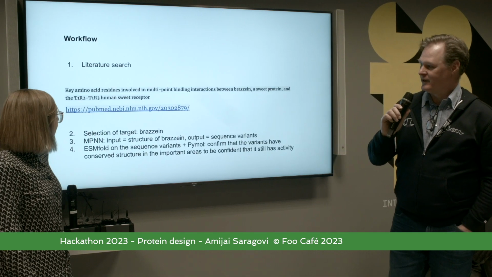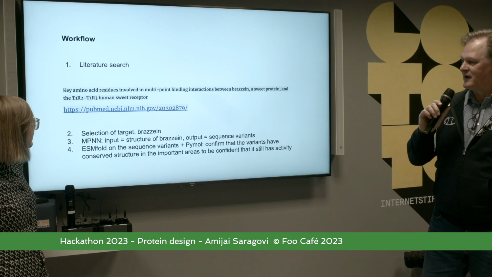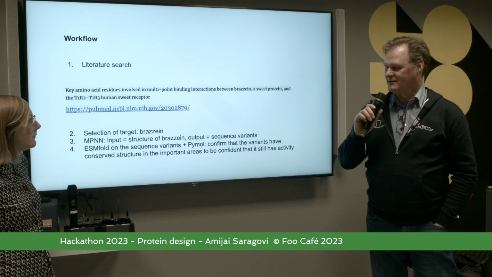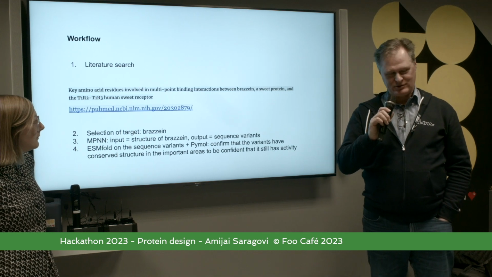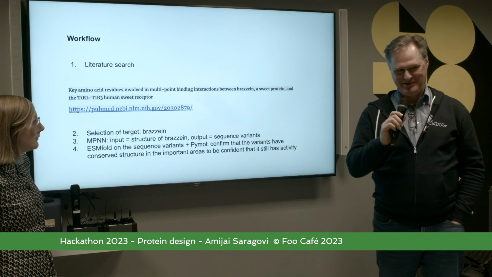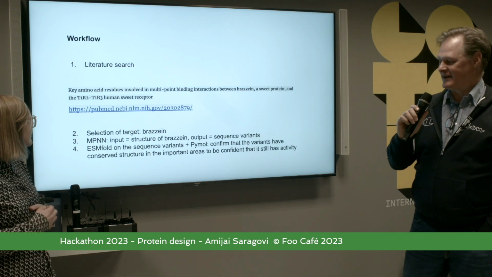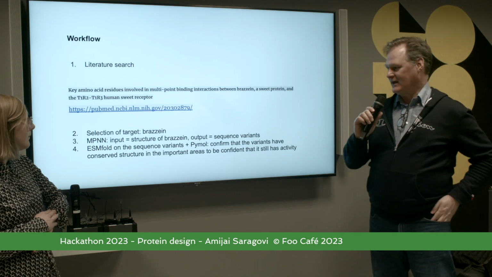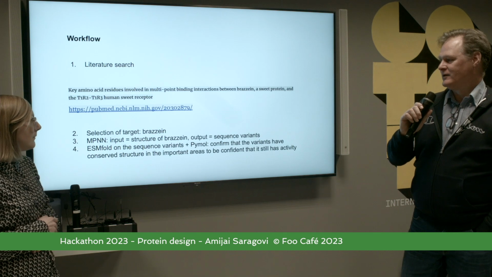And our workflow started with research of the literature, where we found quite a lot of people that had pinpointed the exact amino acids that were relevant. Fortunately, they do not always agree on which ones are the most important. We ended up with a selection, saying, fine, let's go with brazzein, and we ran it into ProteinMPNN.